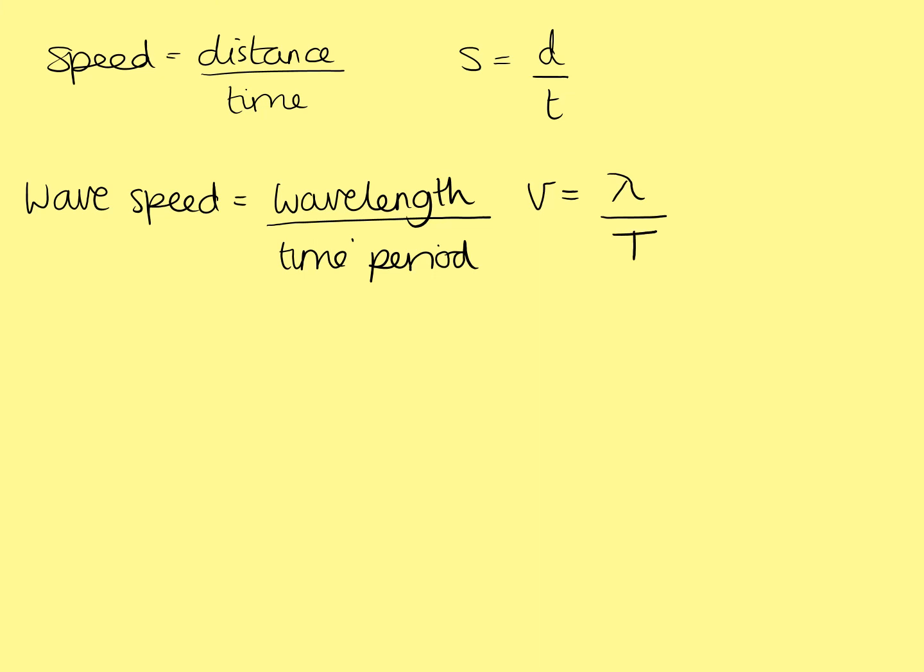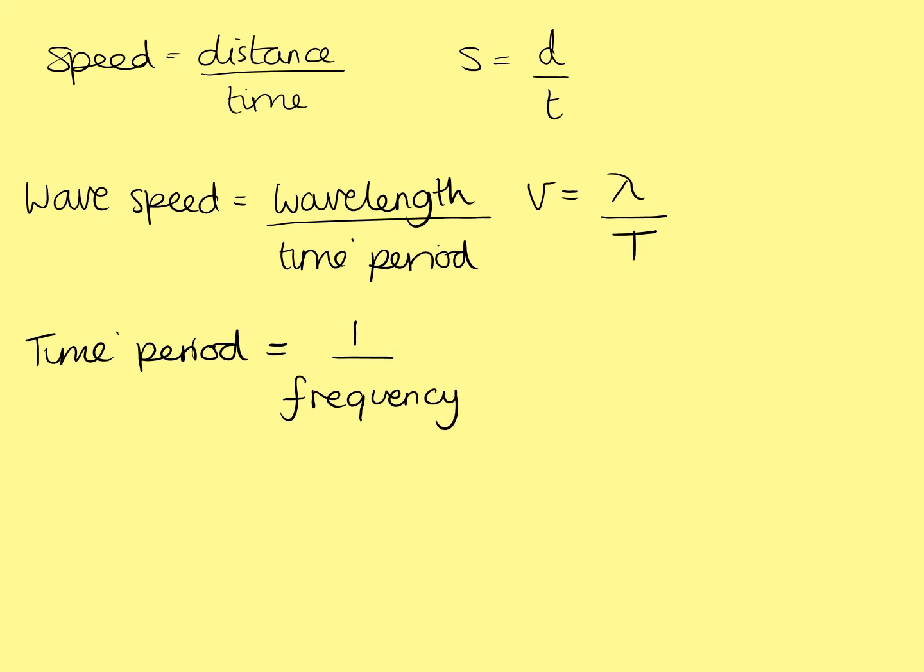But there's another relationship that we can use here. And that relationship is that the time period, so the time for one wave, is equal to 1 over the frequency.